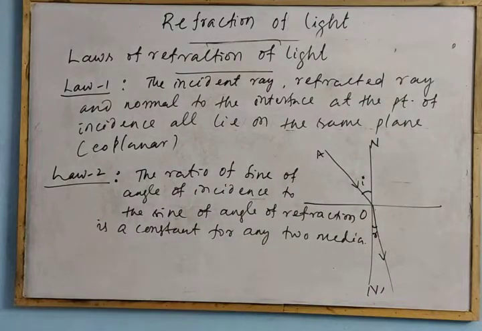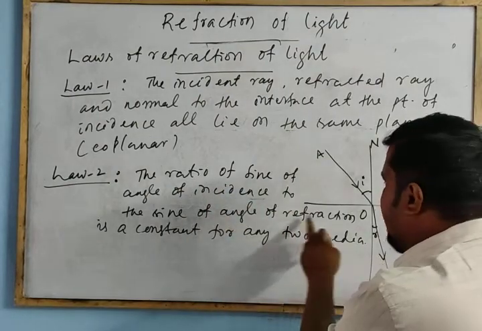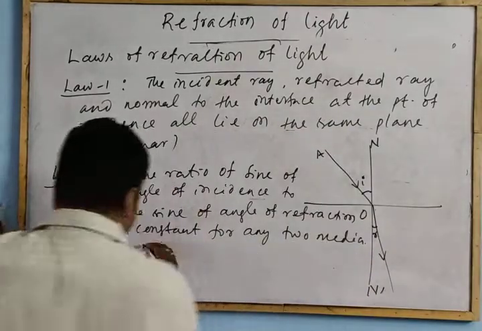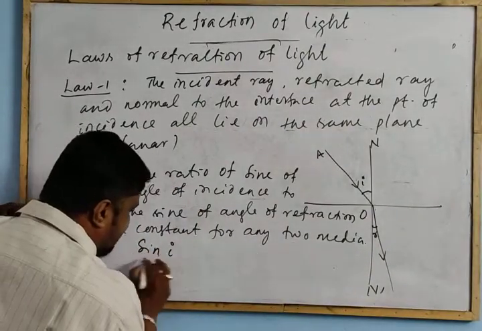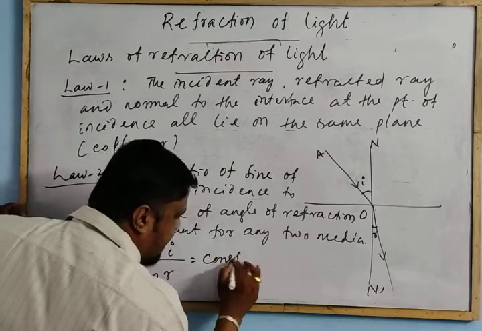Right? For any two media. And the second law, the ratio of sine of angle of incidence to the sine of angle of refraction is a constant for any two media. Means I can write sine of angle of incidence to the sine of angle of refraction is a constant.